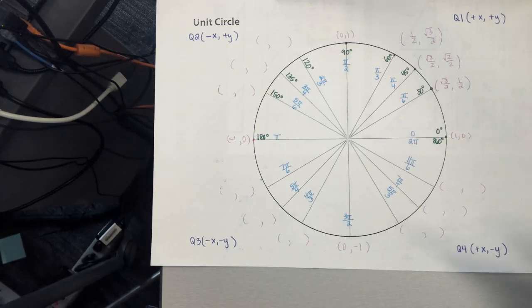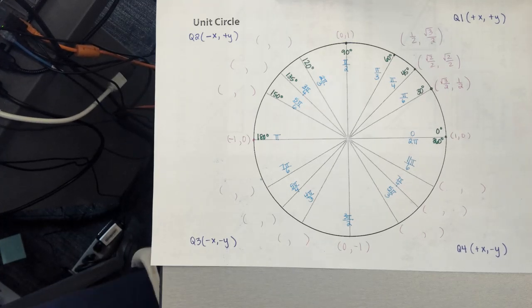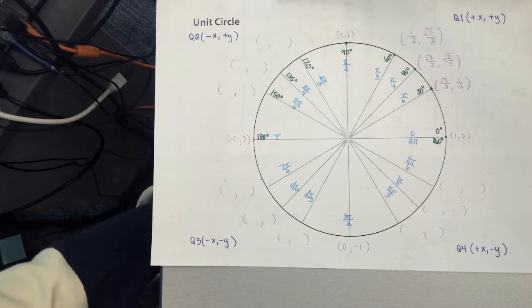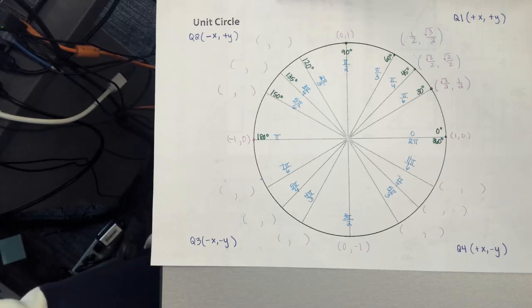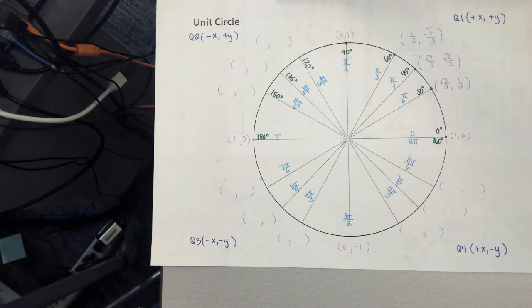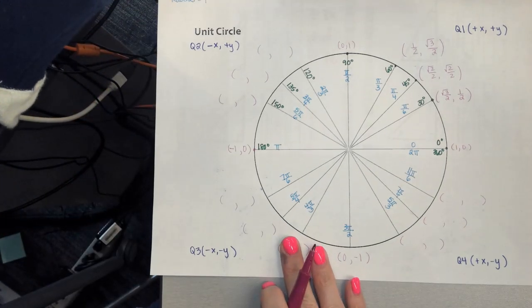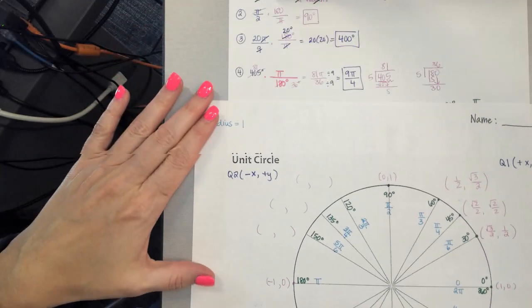We talked last year, and we're going to be using this a lot this year as well, how points on the unit circle relate to our trig functions. You guys remember what coordinates relate to what trig functions? Yep, what coordinate's the sine, which one's the cosine? X is cosine. Good.